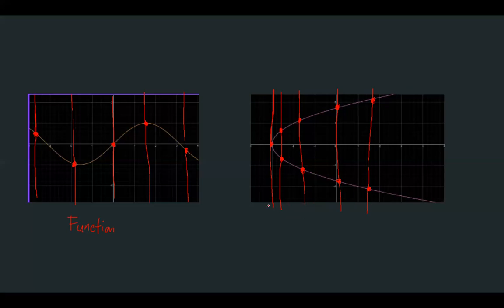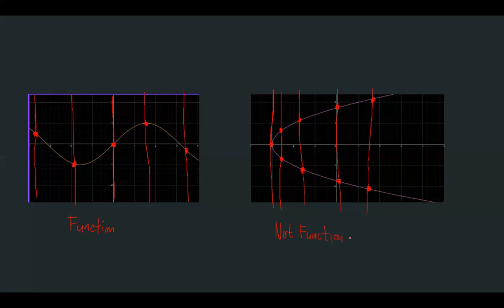Like these four vertical lines, each of them intersects exactly 2 points. That is more than one, compared to this one. So that means this is not a function. This is not a function.